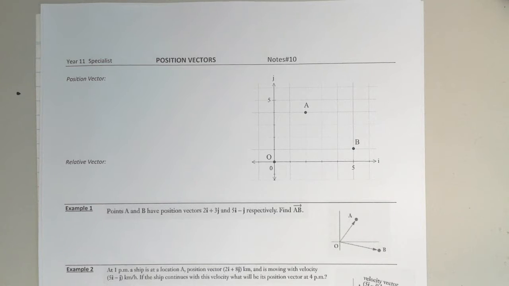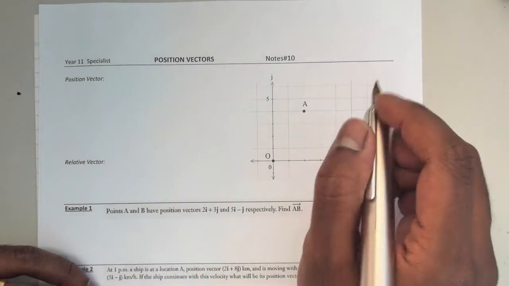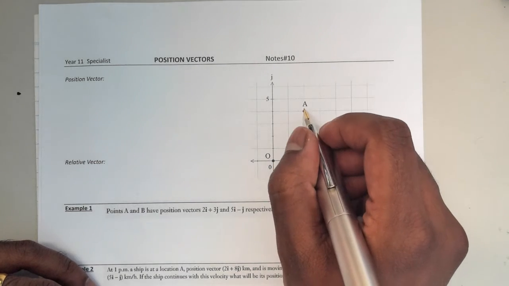Alright people, so we know about vectors, we know about how they have an i and j component. A position vector is just a fancy way of saying that it's a vector drawn from the origin to a point.